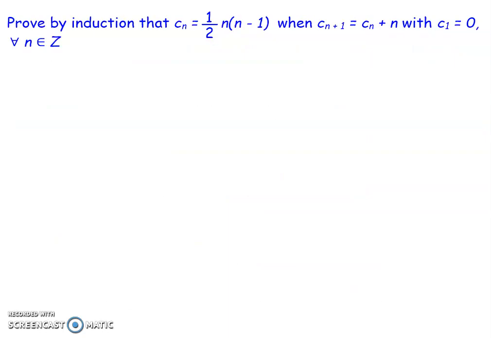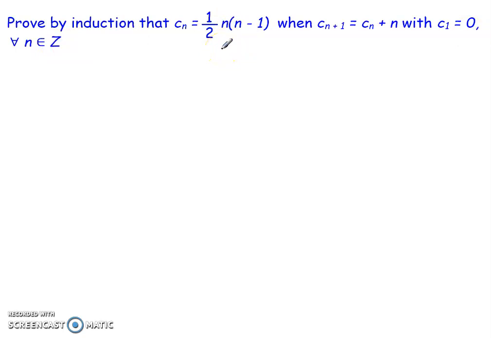So let's imagine I want to prove by induction that Cn equals a half n bracket n minus 1 when C(n+1) is given by Cn plus n. And I'm telling you that C1, the first term, is equal to 0, and n belongs to all the integer values. So n is always an integer value.